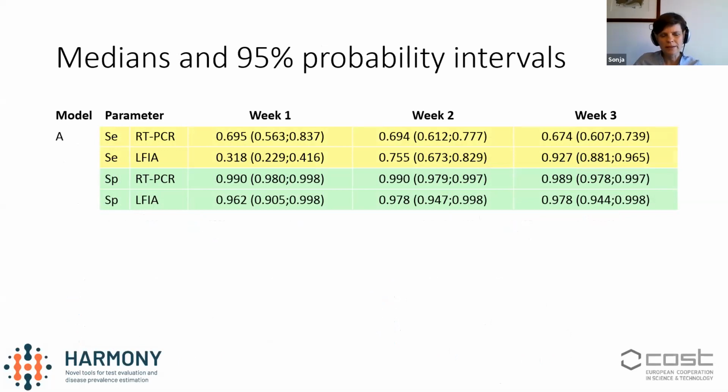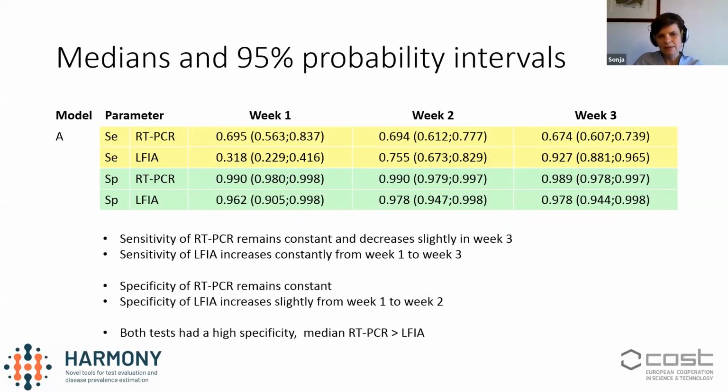So what we can see here from one model, which we considered without taking into consideration conditional dependence, is that the sensitivity of the RT-PCR remains constant, so close to 70% in the first 2 weeks, and then slightly decreases.